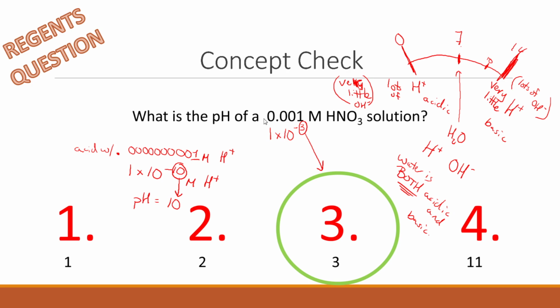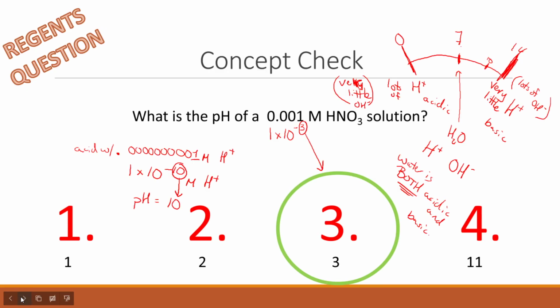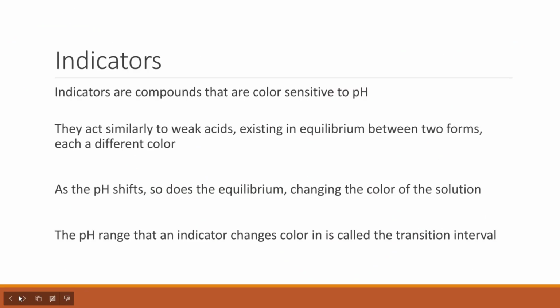It's a pain in the butt to constantly measure concentrations of things, though. And so what we have to use are indicators. And indicators are going to tell us the pH of a substance through color change.